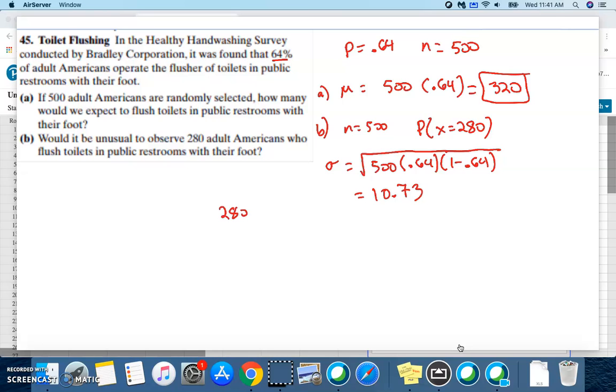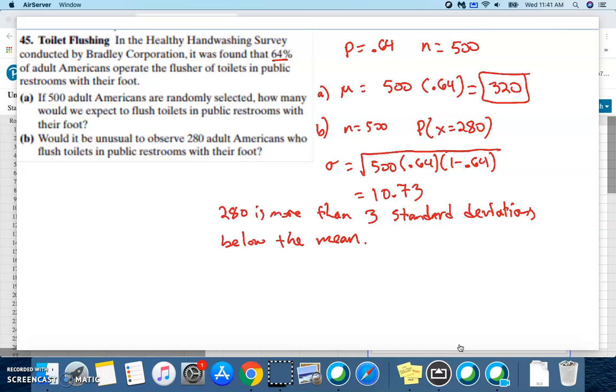So 280 is more than 3 standard deviations below the mean, which is very unusual. And so in this case, it would be unusual to observe 280 because it's so far below the mean.